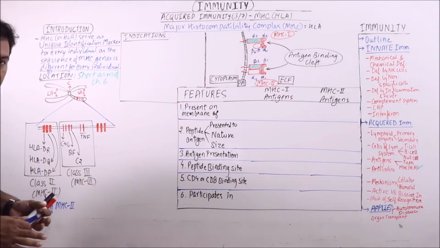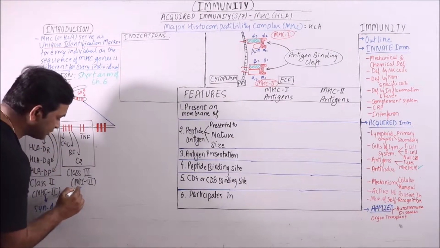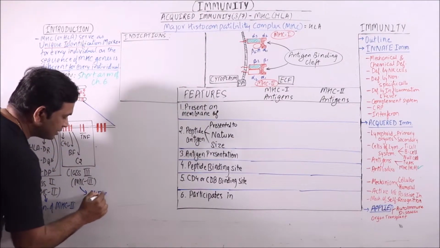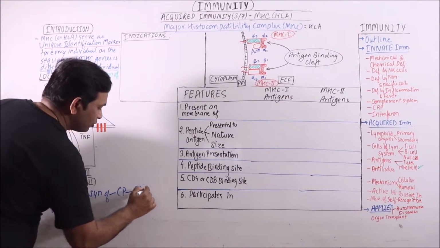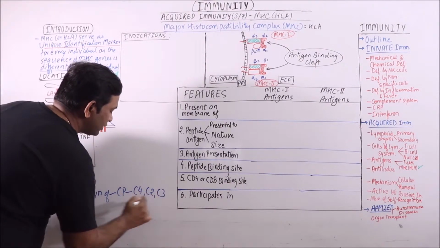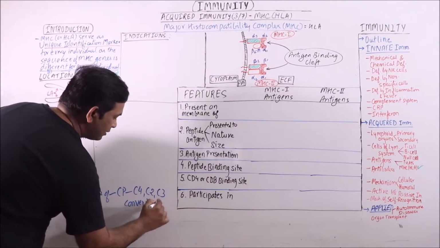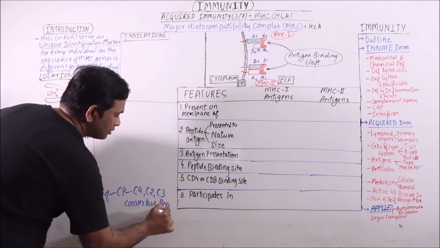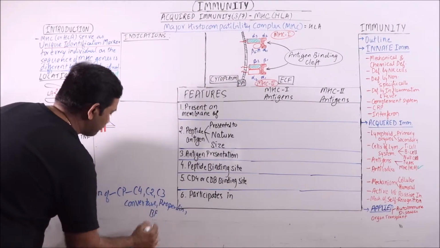It will not help in presentation of any peptide or antigen, but the important thing is that it results in synthesis of complement proteins like C4, C2, C3 convertase, and properdin and BF.